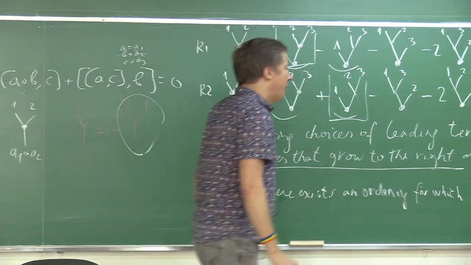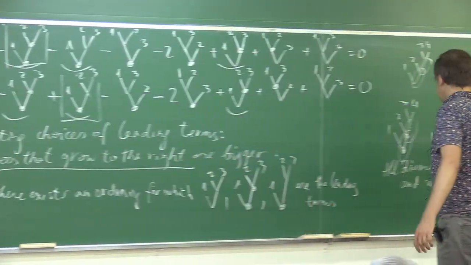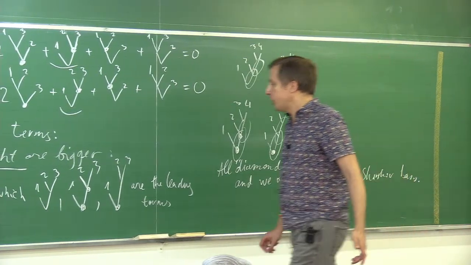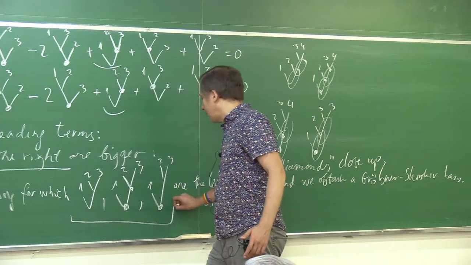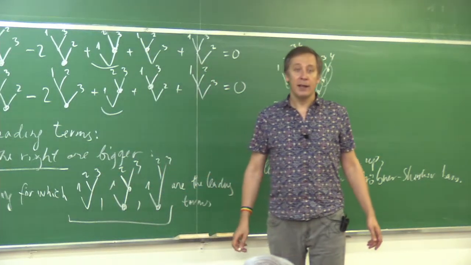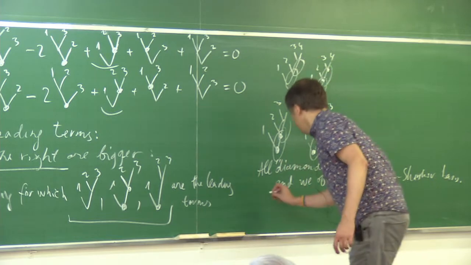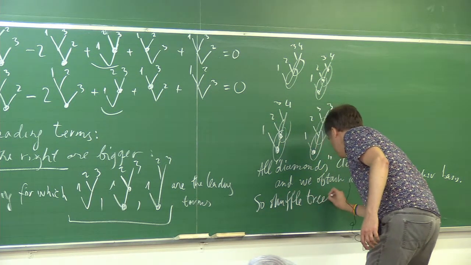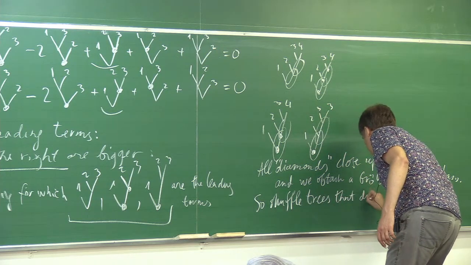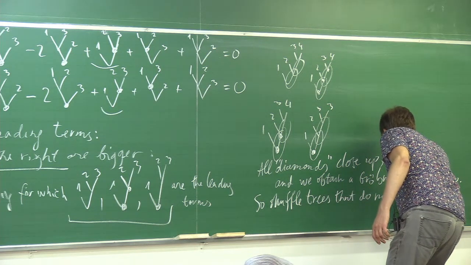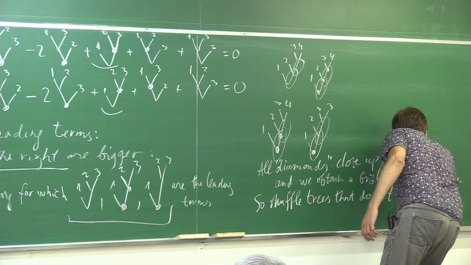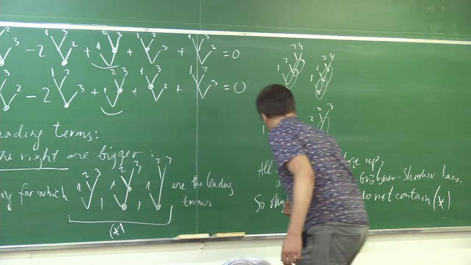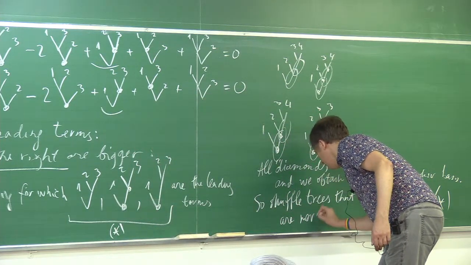Now, the fact that we obtain a Gröbner-Shirshov basis means that shuffle trees which do not contain fragments like that are normal forms.